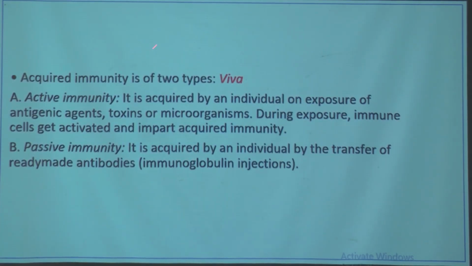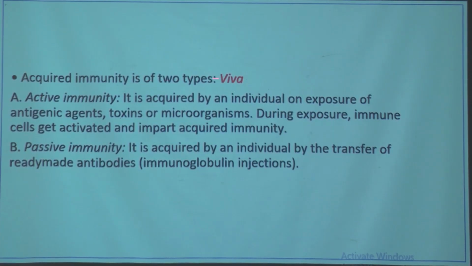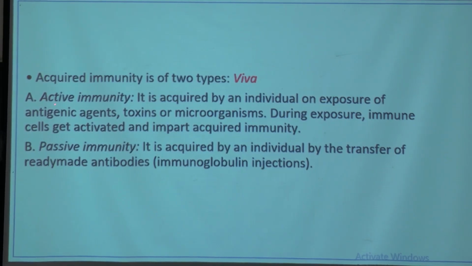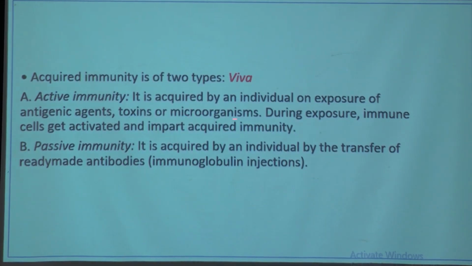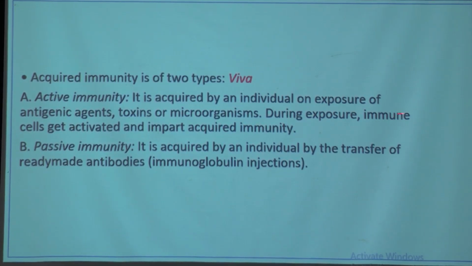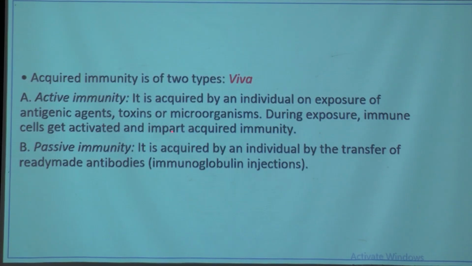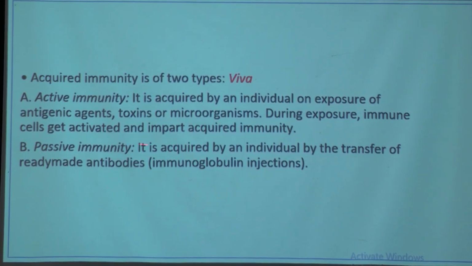Now, acquired immunity is of two types. This is a viva question. Active immunity is acquired by an individual on exposure to antigenic agents, toxins or microorganisms. During exposure, immune cells get activated and impart acquired immunity.